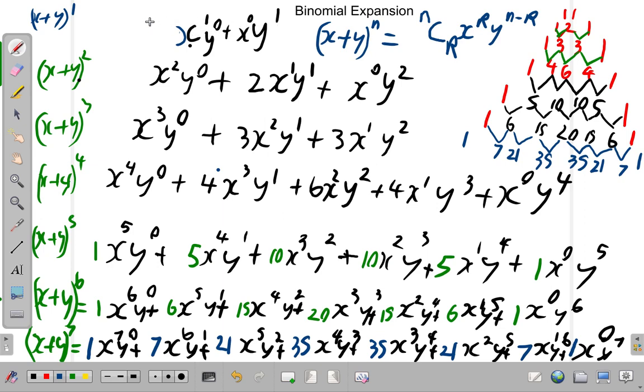So, this part, the nCr, will give you the number that multiplies the x and the y. x to the r means x to the 1, y to the 1 minus 1. So it's x to the 1, y to the 1 minus 1, which is y to the 0, which you have here. Right?